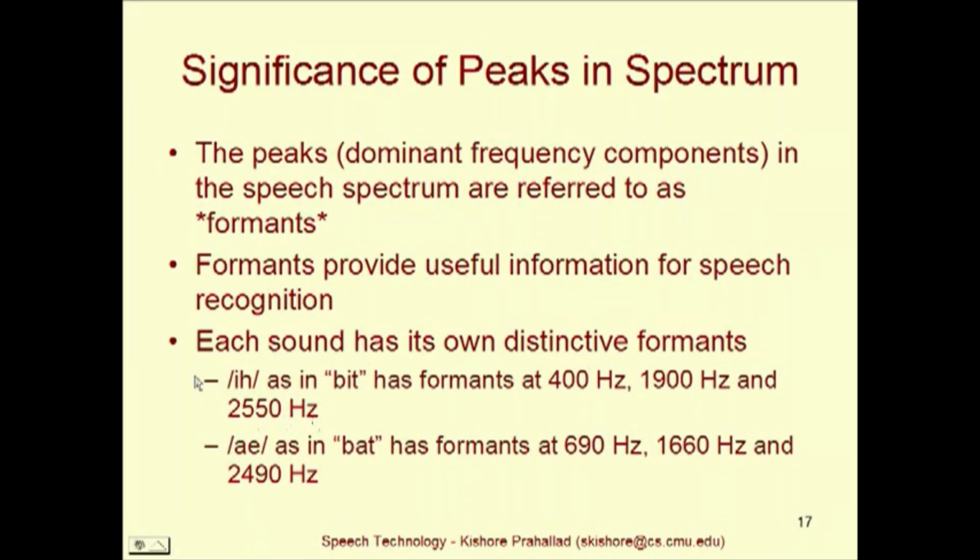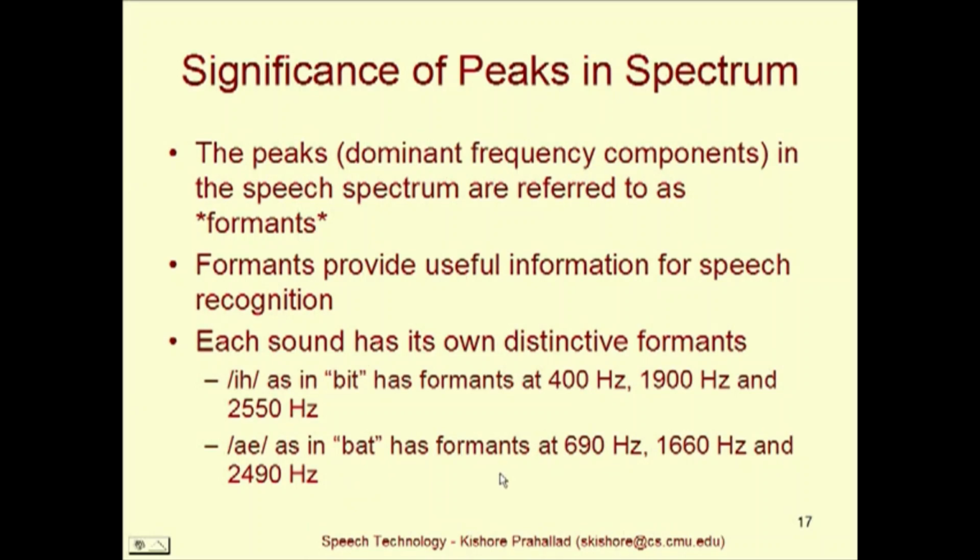I am just showing an example of two sounds here. One is E, as in bit, which has formants at 400 Hz, 1900 and 2550, and the sound A, as in bat, has formants at 690, 1660, 2490 Hz.